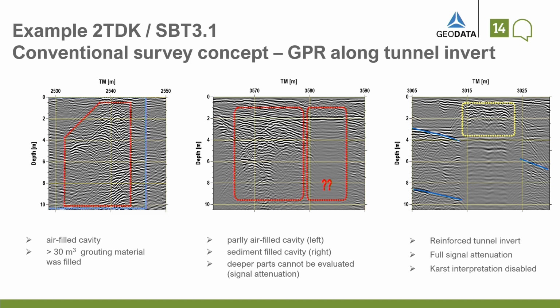The first example shows a typical signature for an air-filled cavity that was later confirmed by drilling and filled with roughly 30 cubic meters of grouting material. This is a typical and normal way the process goes.